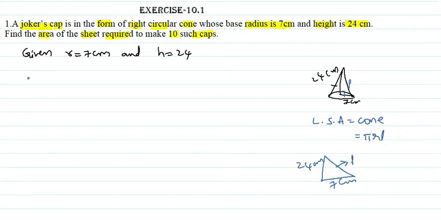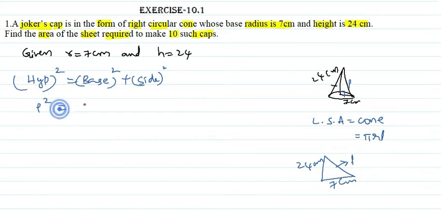So what is the Pythagoras theorem? It states that hypotenuse square is equal to base square plus side square. So here hypotenuse is slant height, base is equal to 7 centimeters, side is nothing but height of the right angle triangle, that is 24 centimeters square.